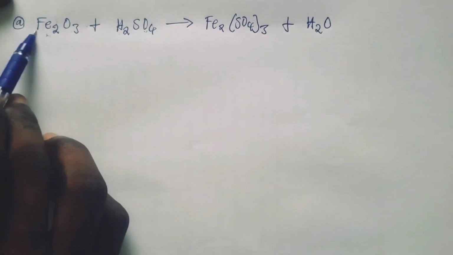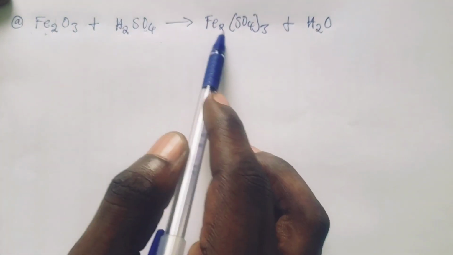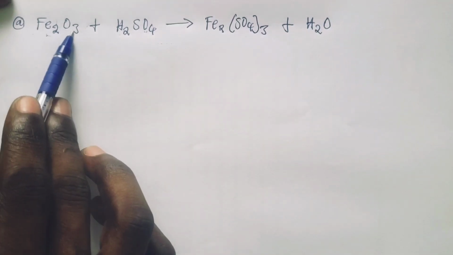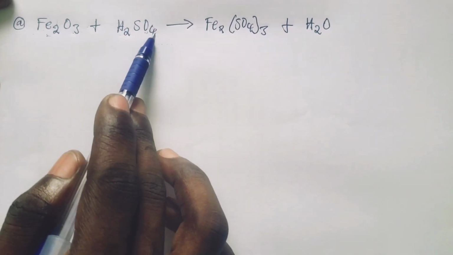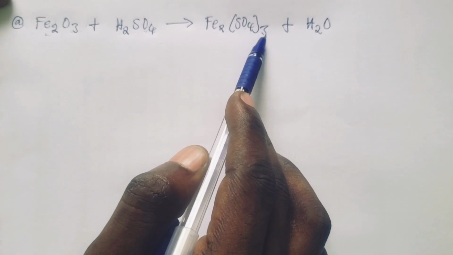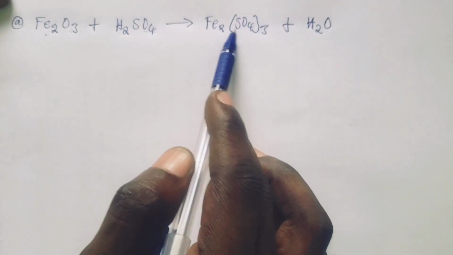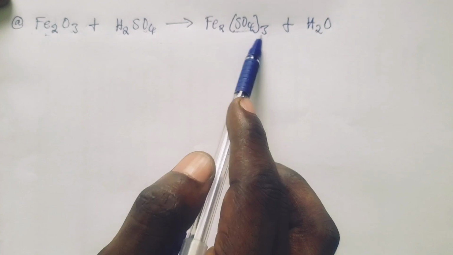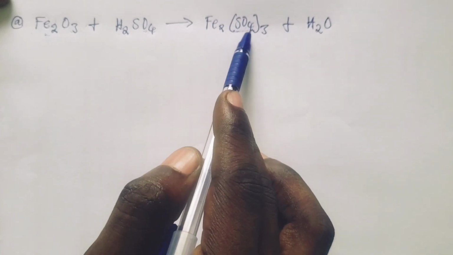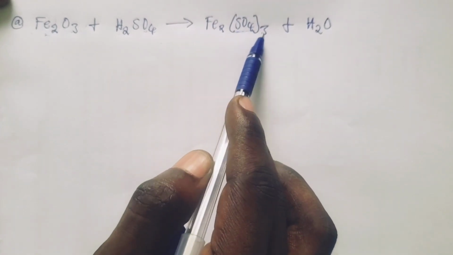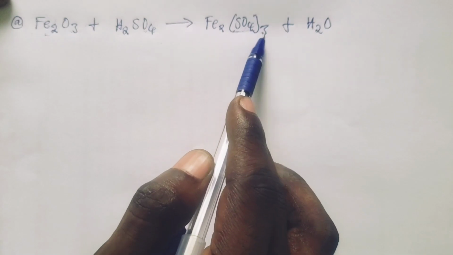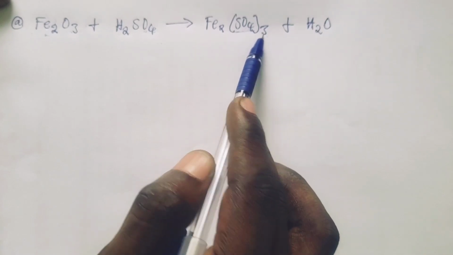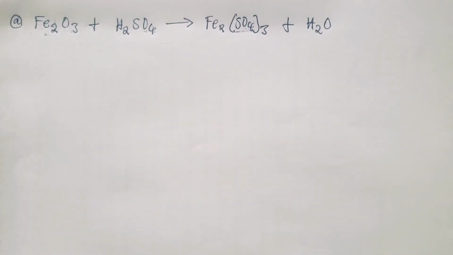We have 2 irons here, even this side 2 irons. We have oxygen 3 plus 4, 7. Here 4 times 3. When you write it like this, the 3 affects everything inside. So you multiply: this is 4 times 3, so oxygens here are 12, plus this one, 13. So oxygen is not balanced.